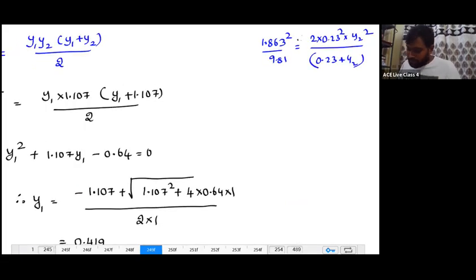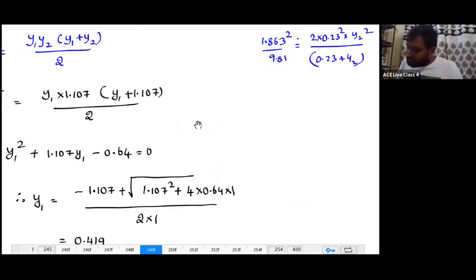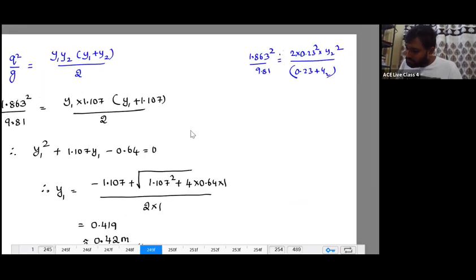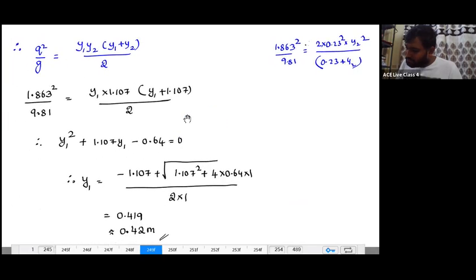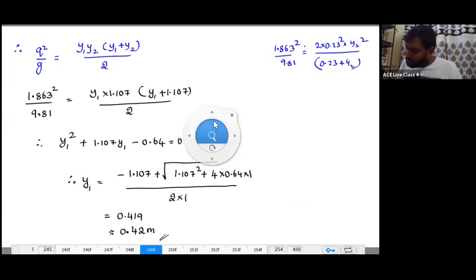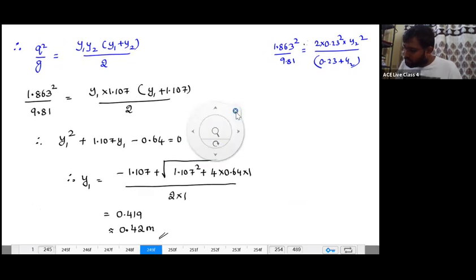I think I may have done something wrong. 1.86 squared by 9.81, which is going to be 3.